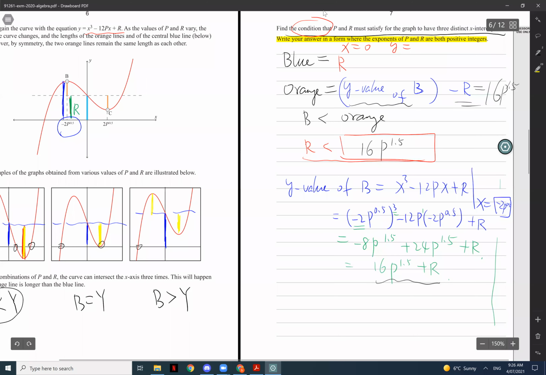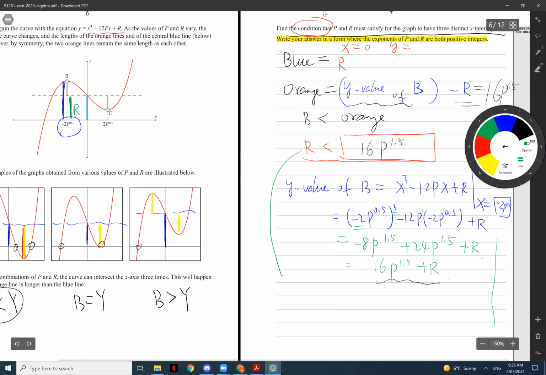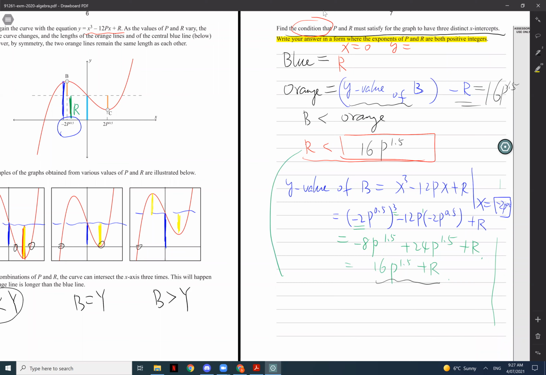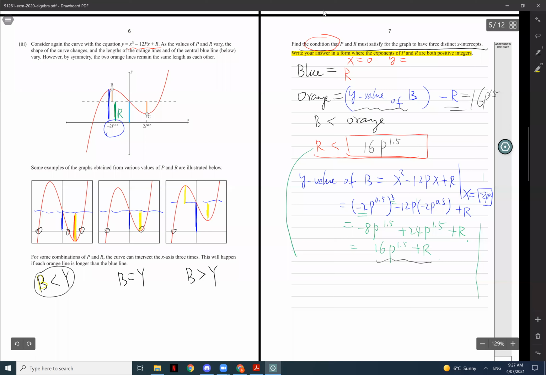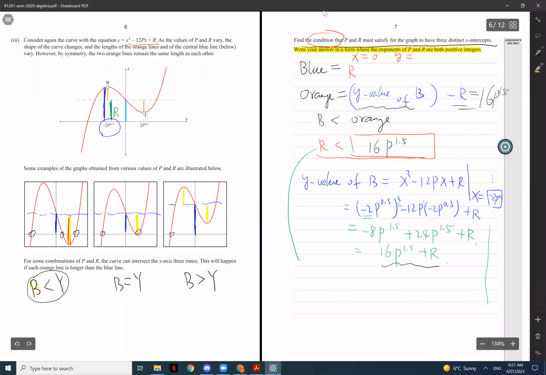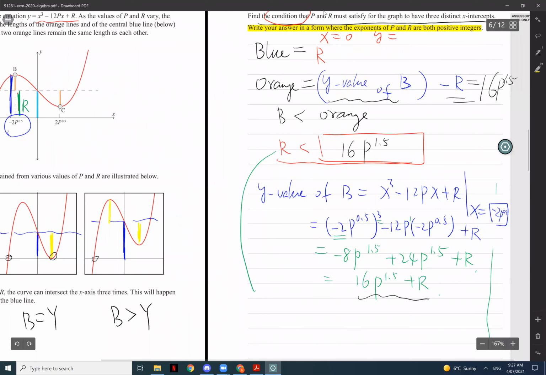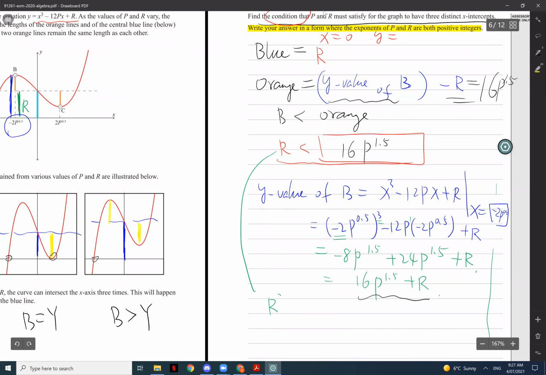How do we write the final answer then? We cannot have 1.5, so let's square both sides because they told you all positive. Did they tell you R is also positive? No. But anyway, here is R squared less than 256 P3.